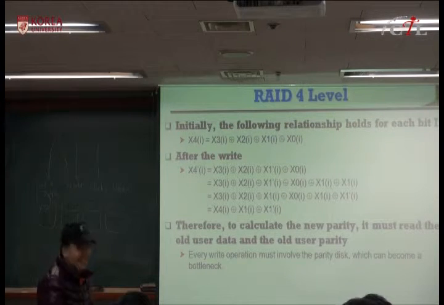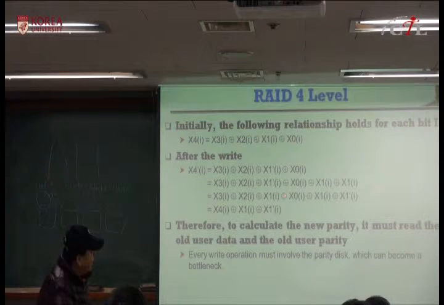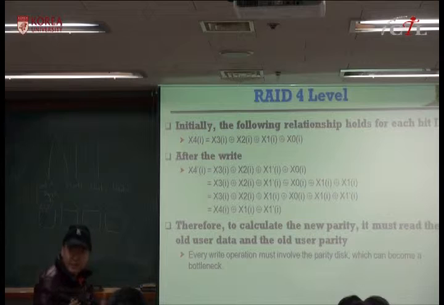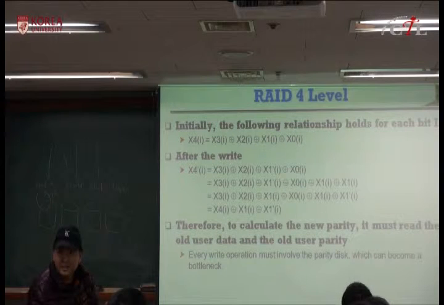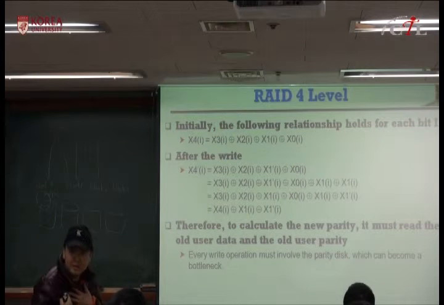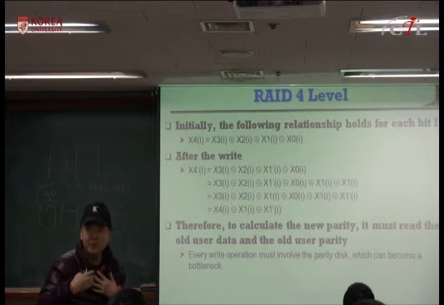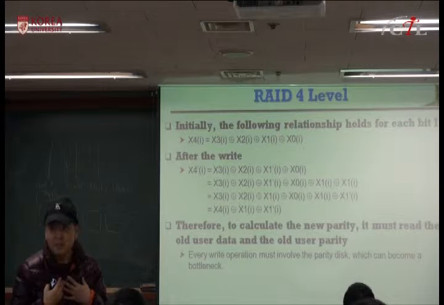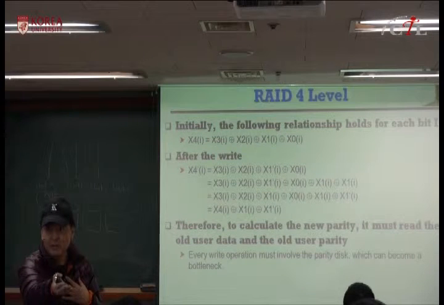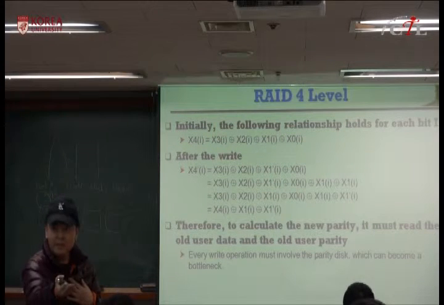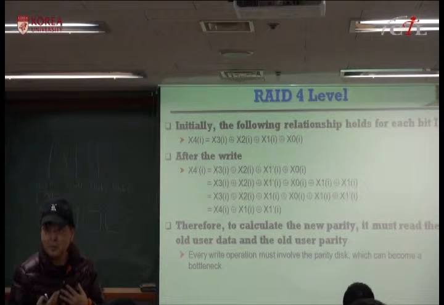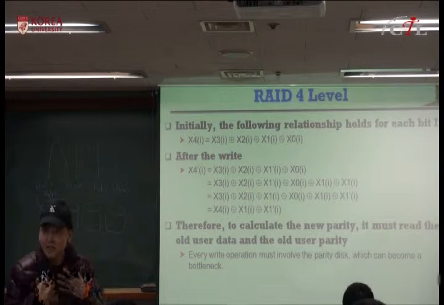So if it's the same, then this should be 0. But X exclusive OR 0 is the same as X in an exclusive OR computation, right? If it's 1, then it should be 1. If it's 0, then it should be 0, right? So it's the same as itself, right?